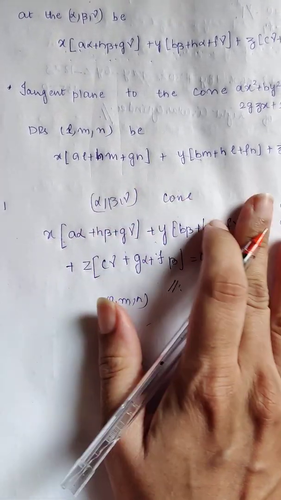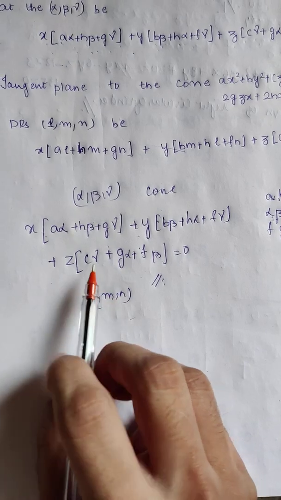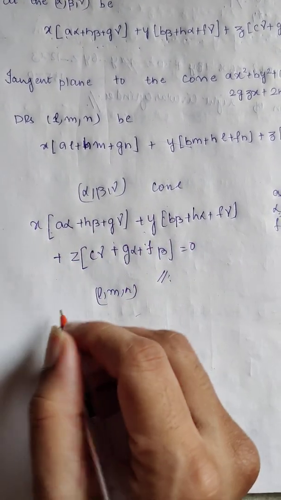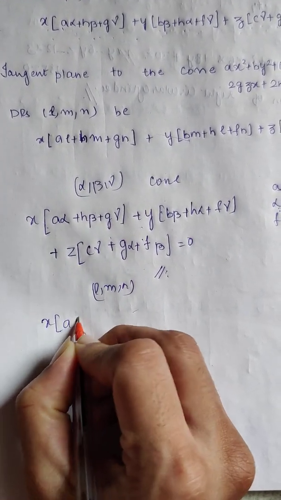It would be the same thing, girls, if you're able to remember this, well and good. And then in the place of alpha, beta, gamma, just replace with lmn. So x into AL.